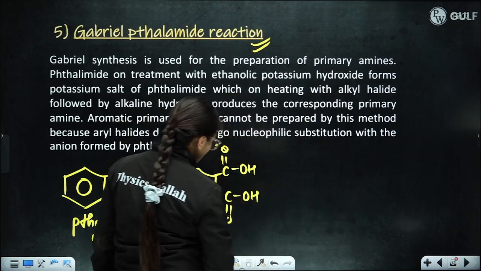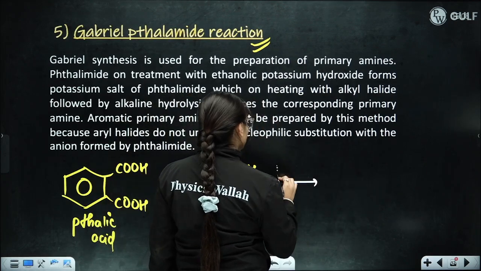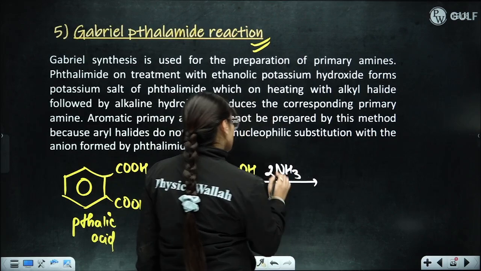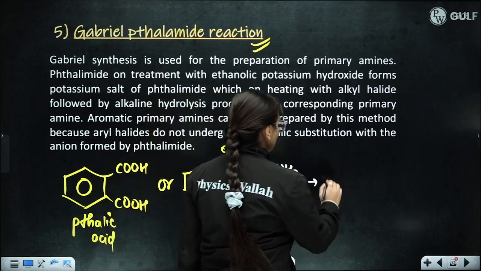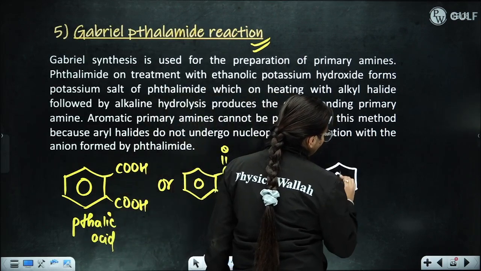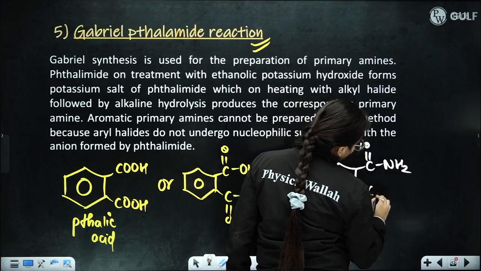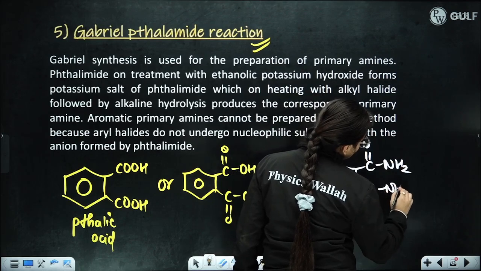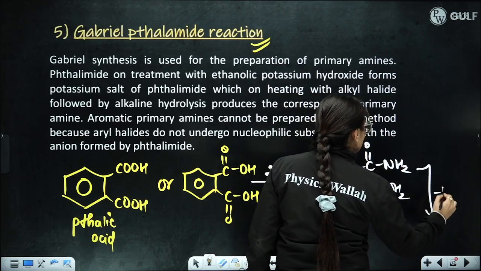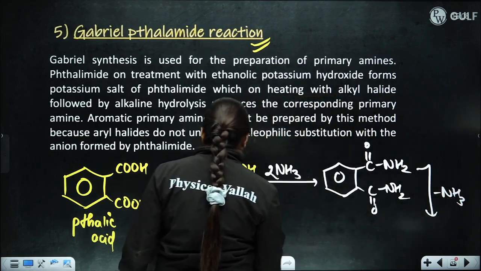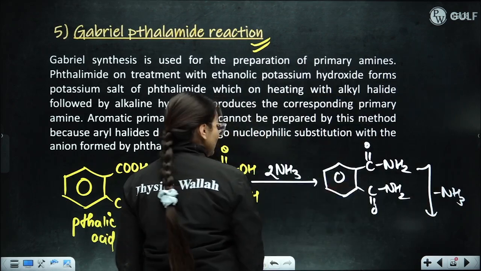Now see what will happen next. I am going to react it with ammonia, two ammonia. What are you going to get? Both of the OH groups are going to get replaced with NH2. Now in the next step, my dear students, just remove one ammonia molecule. And when you remove one ammonia molecule, you will get phthalamide.